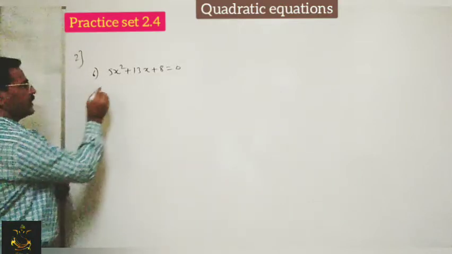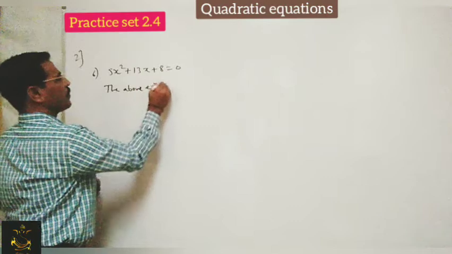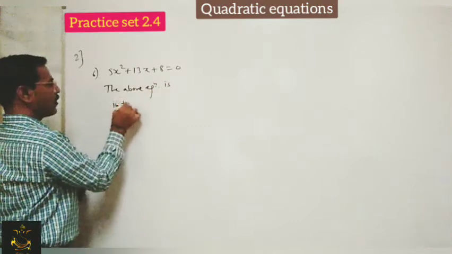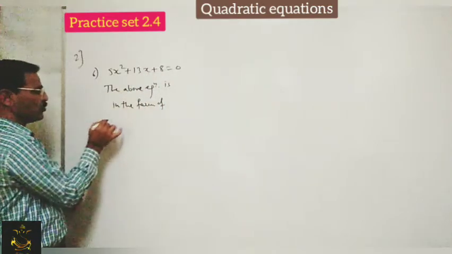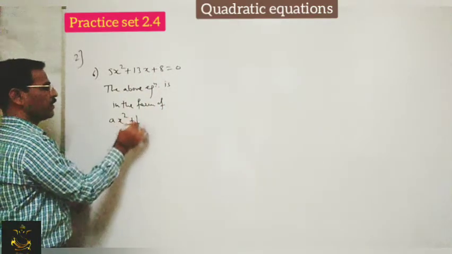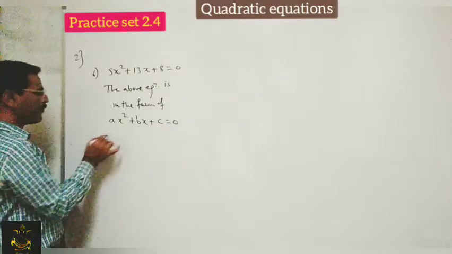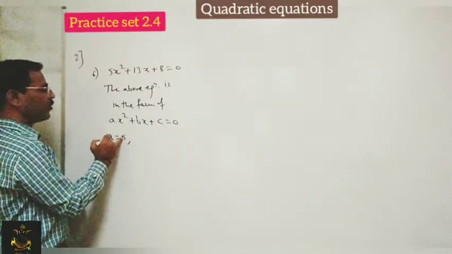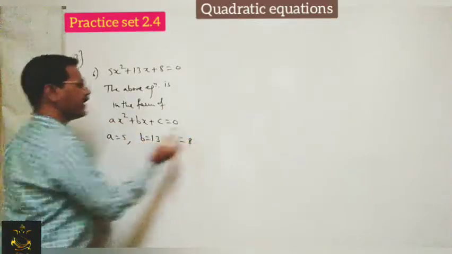Okay friends, see here, the above equation is already in neat form, so ax square plus bx plus c equal to 0. So a is 5, b is 13, c is 8.